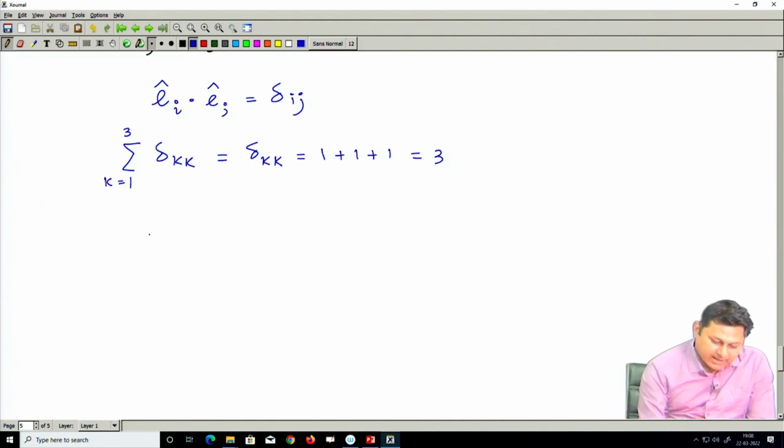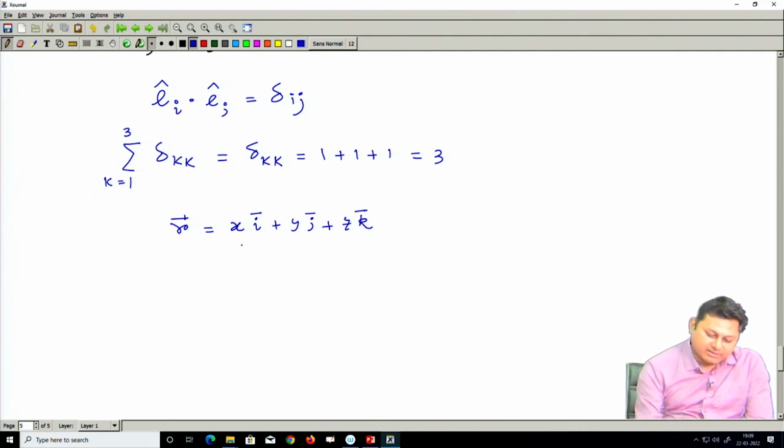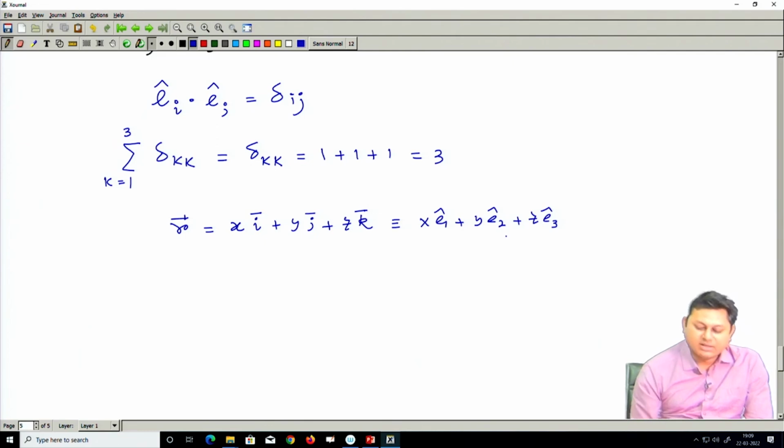Also, I defined r as a position vector in the last class. This is a position vector, and this vector is like x i plus y j plus z k. This is the way we normally define, but you can also define it like x e1 plus y e2 plus z e3 in a general way, where e1 e2 e3 are the unit vectors.